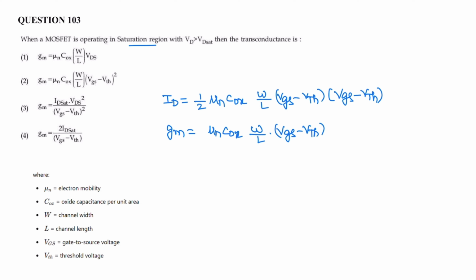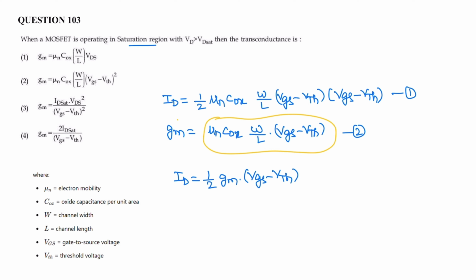Substitute this mu n COX W by L as GM in equation 1. Let us suppose GM as equation 2. Now the drain current ID is half GM into VGS minus VTH. Now the transconductance GM is 2 ID divided by VGS minus VTH. So the correct option is 4.